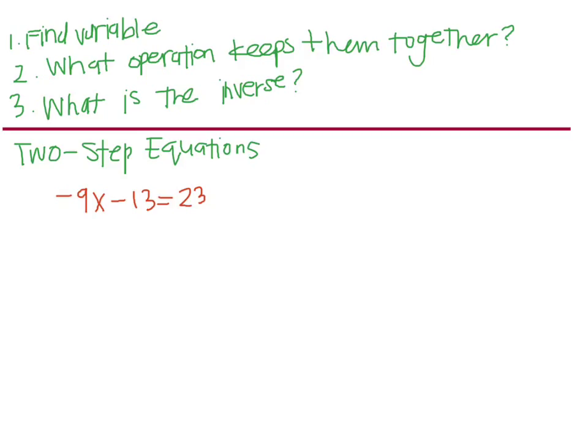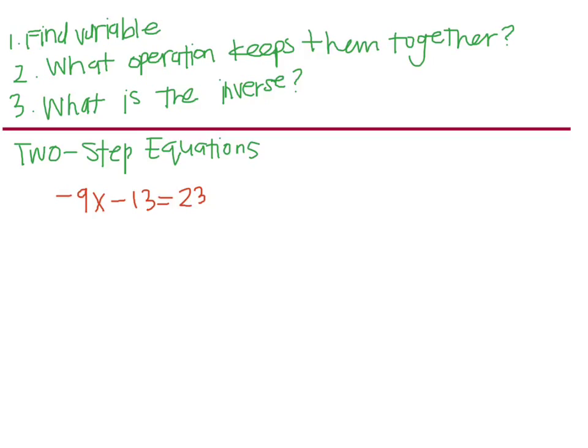Now I'm going to say the opposite. When we are solving equations, we're kind of going backwards. So we're going to go backwards through the order of operations. The last thing in order of operations, you'll remember, is addition and subtraction. So rather than waiting until the very end to do addition and subtraction, I'm going to start with addition and subtraction.